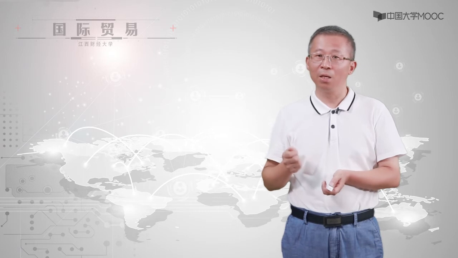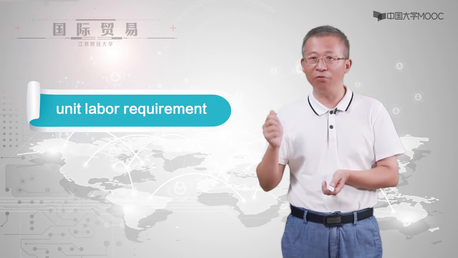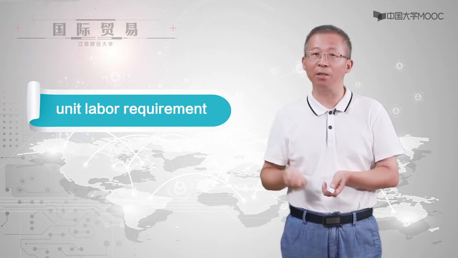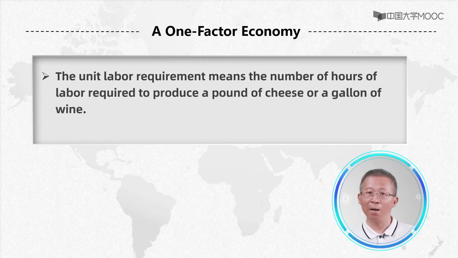The technology of country Home can be summarized by labor productivity in each sector, which is expressed in terms of unit labor requirement. The unit labor requirement means the number of hours of labor required to produce a pound of cheese or a gallon of wine.